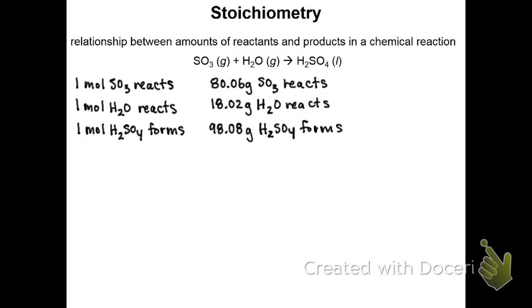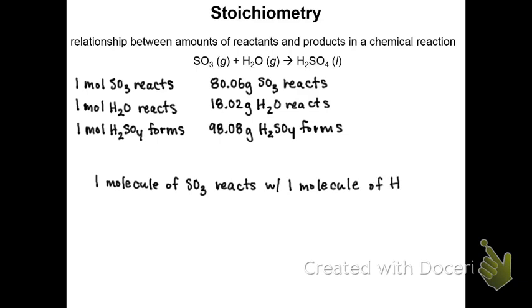One other way that we can interpret this is that 1 molecule of sulfur trioxide reacts with 1 molecule of water to form 1 molecule of sulfuric acid.